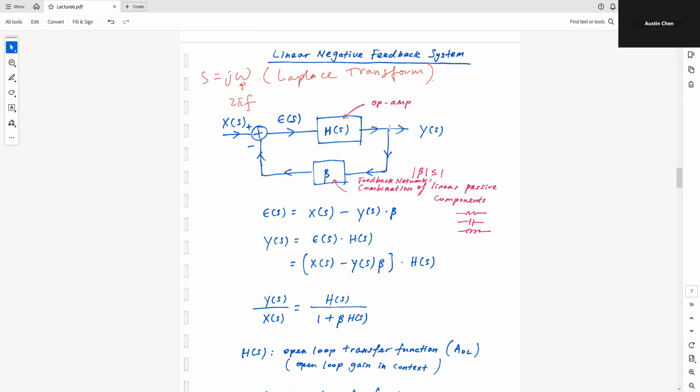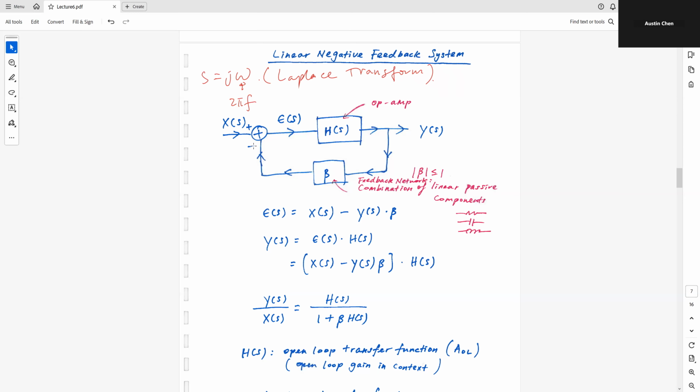So I tap some signal from the output, connect it to some feedback network, and this signal keeps going and goes back to the input. At the input here, I have basically my summer with a negative sign. This is going to perform a function as a subtractor, and sometimes I like to call it a summer with a negative sign.